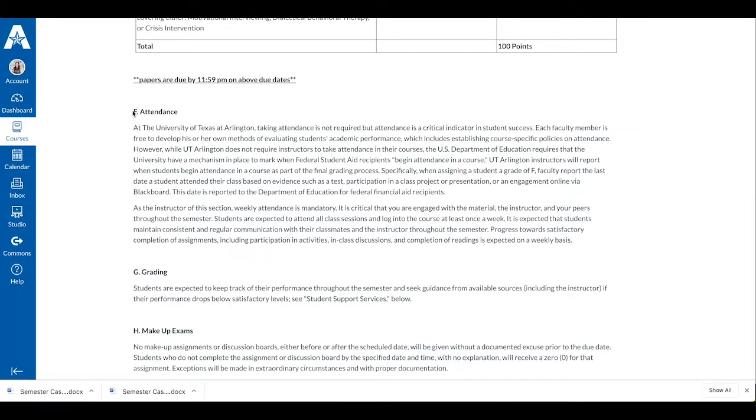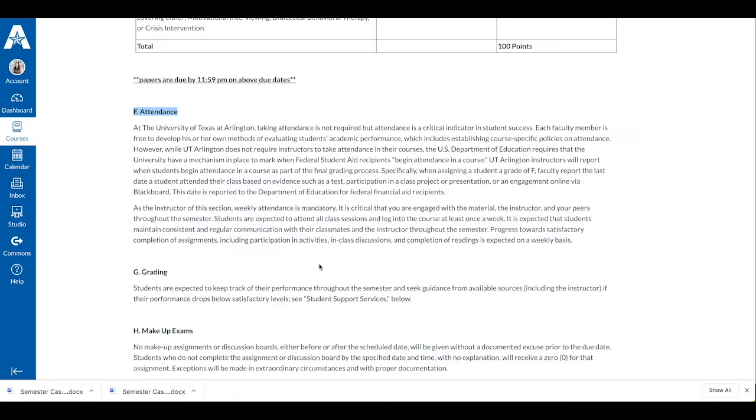So attendance, I'm going to be taking attendance each week. I expect you to be here or to let me know if you're not able to be there. I'm not grading your attendance.